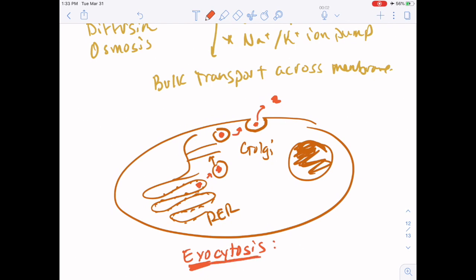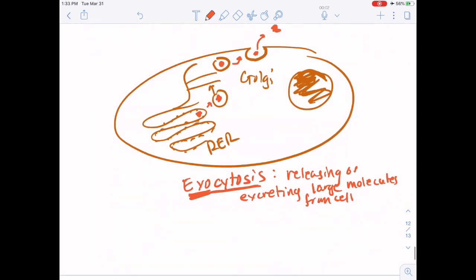So exocytosis is releasing, or let's say excreting, large molecules from the cell. And it requires a vesicle, requires energy, and it requires a vesicle. You've seen that before.